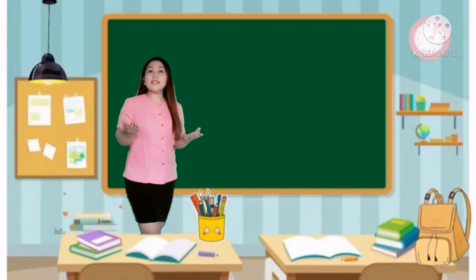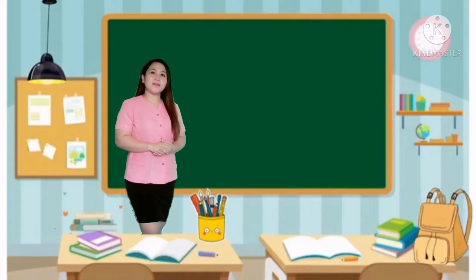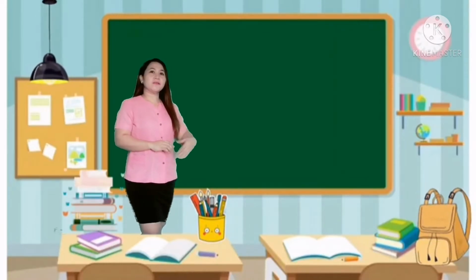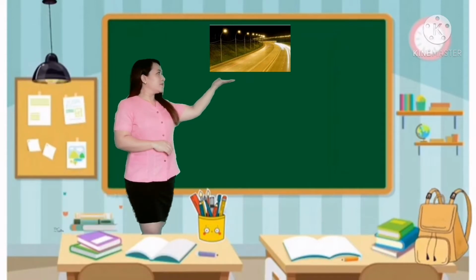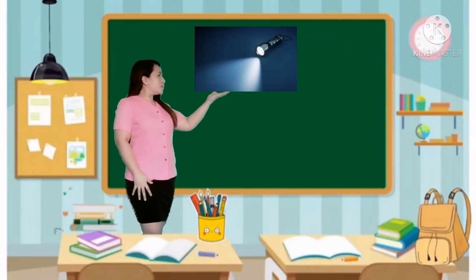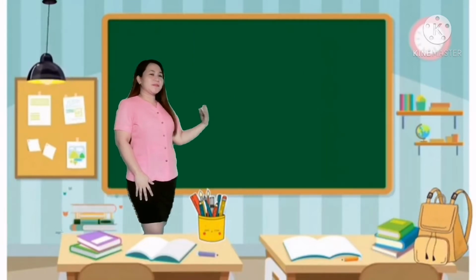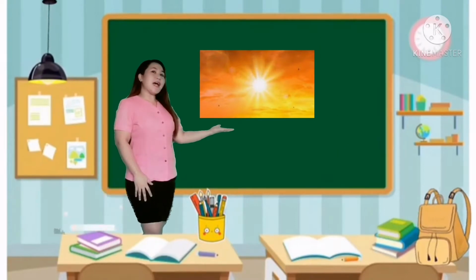Now, I will be presenting a group of pictures and I want you to look at it carefully. We have the second picture, the third picture, and the last picture.